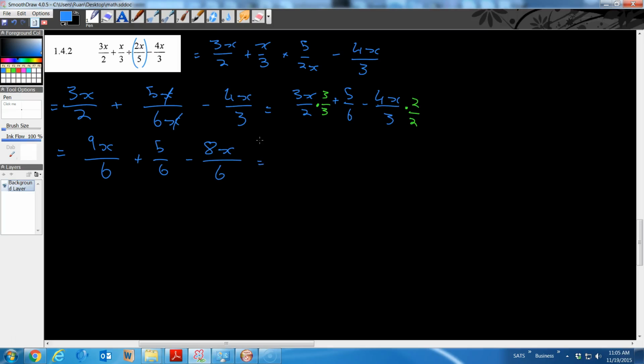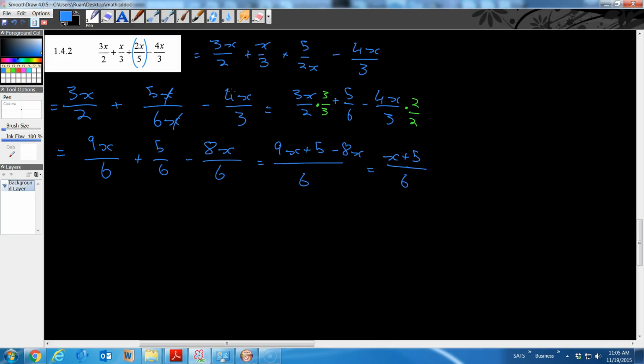Does that make sense? I hope it does. And then the base will be 6, and I'll combine the top: 9x plus 5 minus 8x. Okay, so obviously that's just x plus 5 over 6. I believe that to be the correct answer.